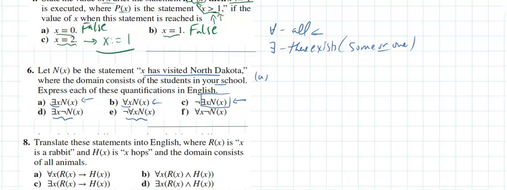D was some, so there exists a student in the school who did not visit North Dakota. It seems like I explained E for D, but that's what D is. Or you could say some students in the school have not visited North Dakota. And the last, of course, that's all. So you would say all students in the school have not visited North Dakota.